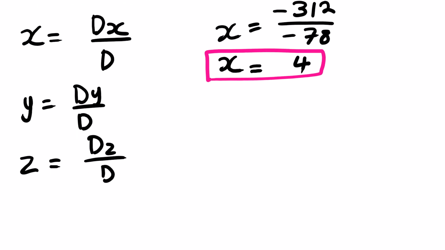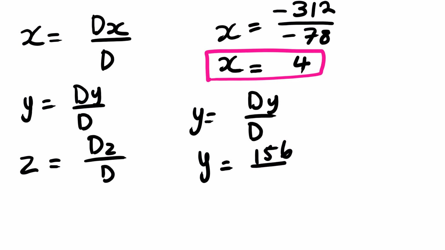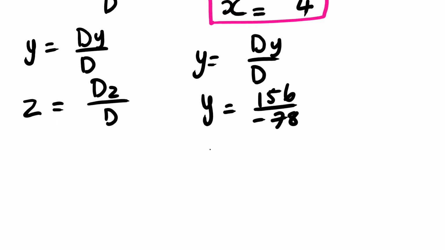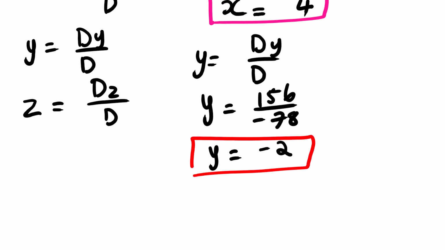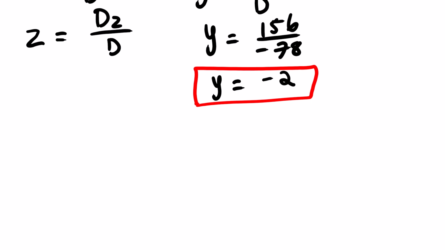Then for y, it's dy divided by the determinant. Our dy is 156 divided by negative 78. The answer is negative 2, the second solution. For the last solution, z is equals to dz divided by d.